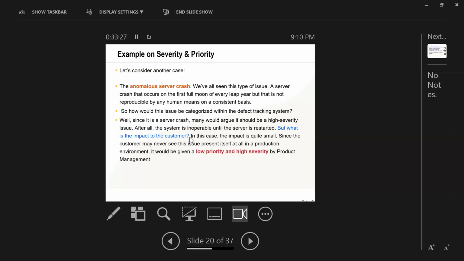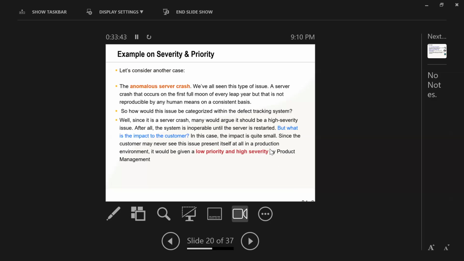But what is the importance to the customer in this case? The impact is quite small, as the customer may never see this issue present itself in the production environment. It would be given low priority and it's a high severity.